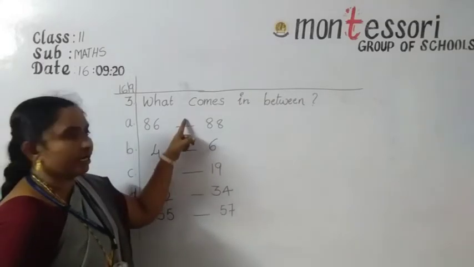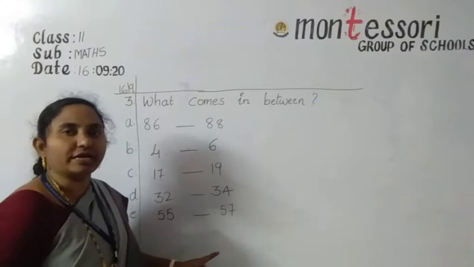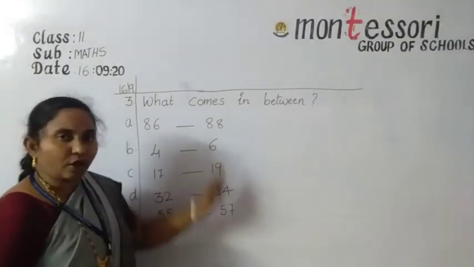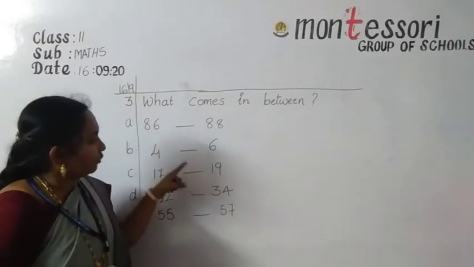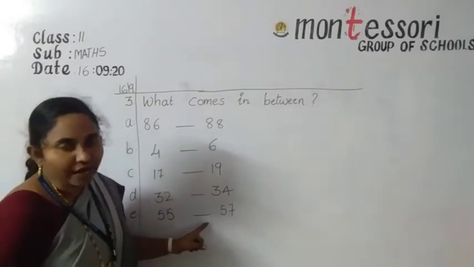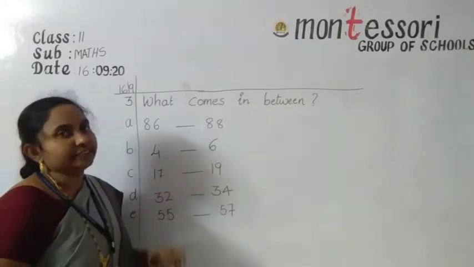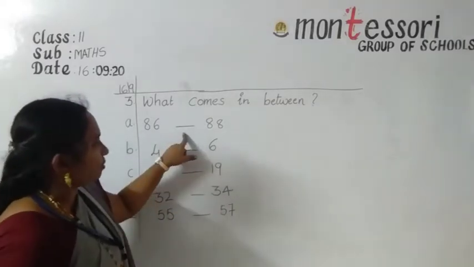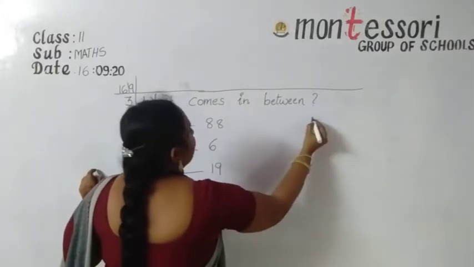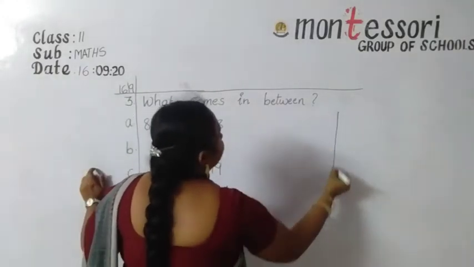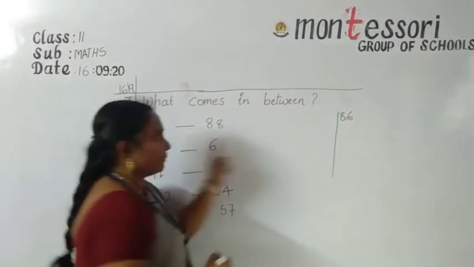Now I have given 5 problems. One problem I can do here, and the remaining 4 problems you can write in your classwork and do yourself. After writing, you can send a pic to the concerned WhatsApp group. The first problem I will write on the board. 86 is given. First I am writing a rough column. In that column I write 86.